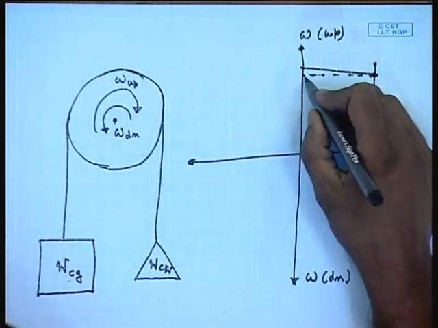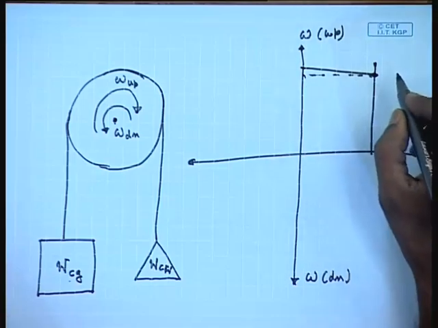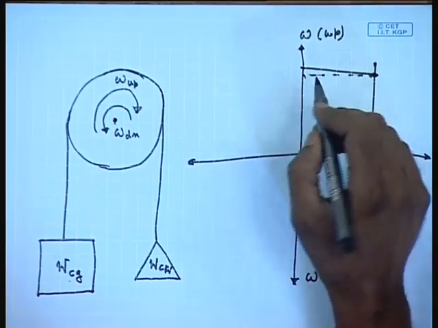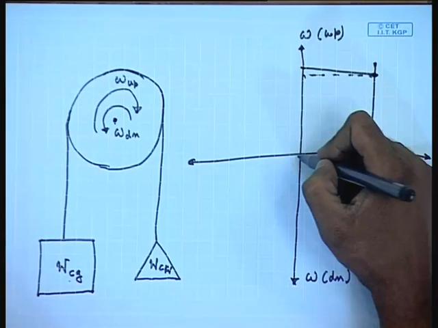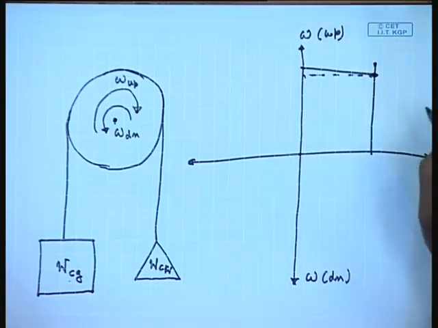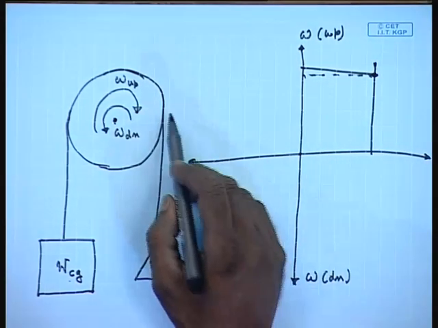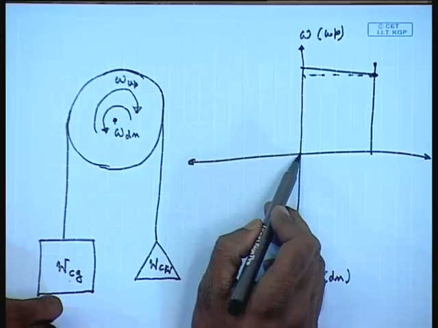This is achieved by what is called dynamic braking, in which case the terminal voltage of the motor is made 0 and additional resistance is inserted.